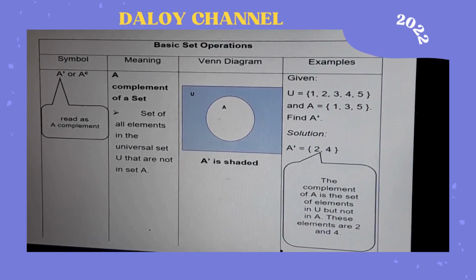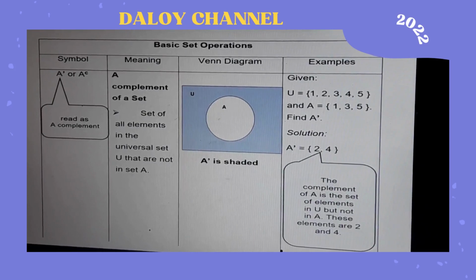Notice that to satisfy it in the Venn diagram, we are finding the complement of A. The numbers which are not in A will be the complement of A. So shaded is the universal set outside, represented by a rectangular shape, while set A in a circle is not shaded.